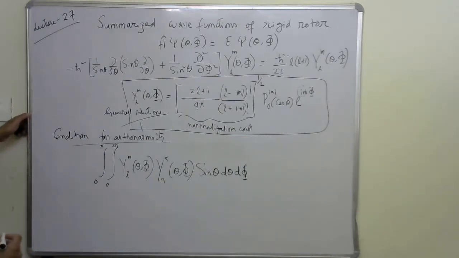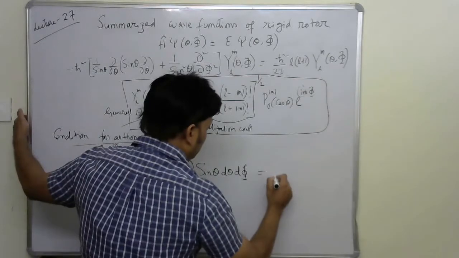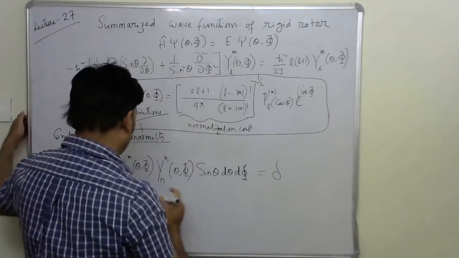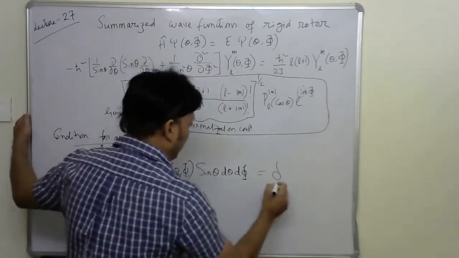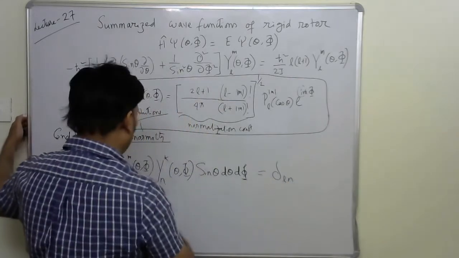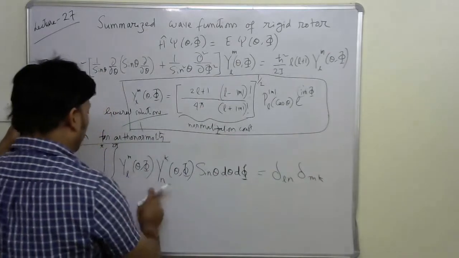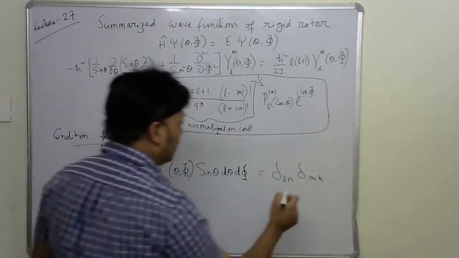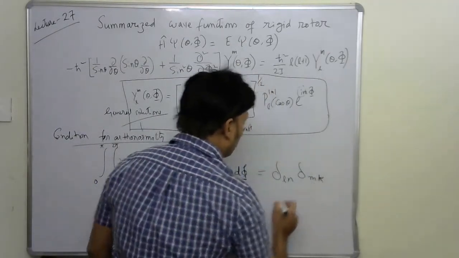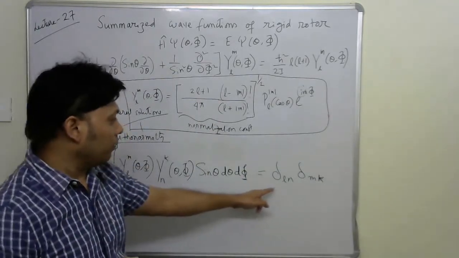So this is the integration element, and that should be equal to the Kronecker delta. So it should be delta_ln, and also it should be delta_mk as per our definition of l, n and m, k.